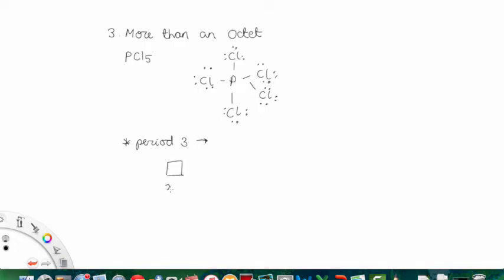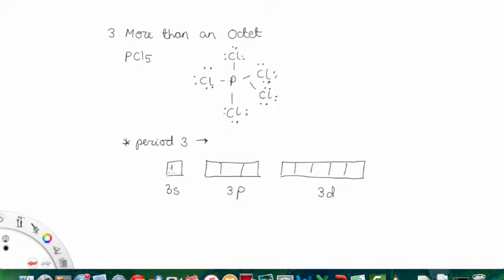We have 3s, 3p, and then we have 3d, like so. In this case, we're not showing the 1s and the 2s and the 2p. We're just skipping to the 3s.